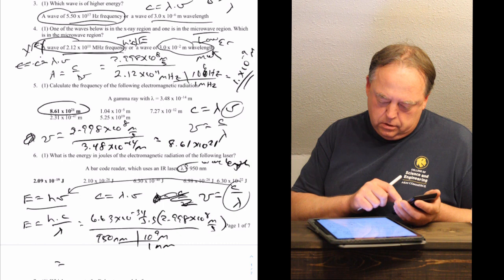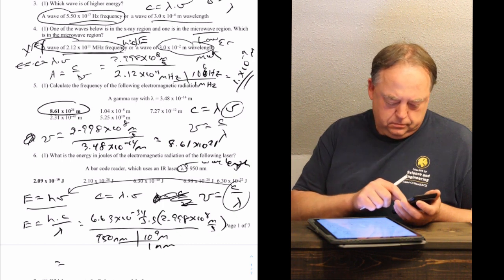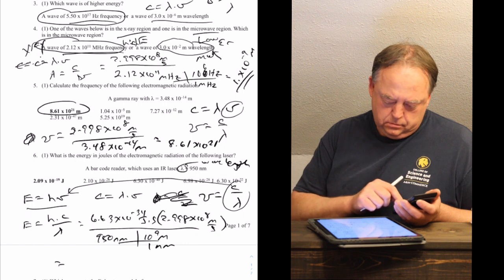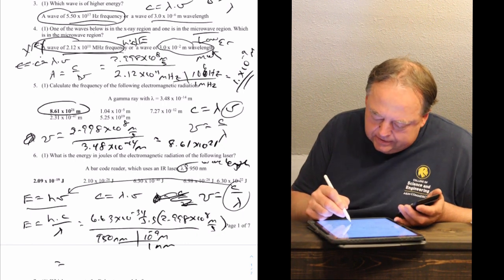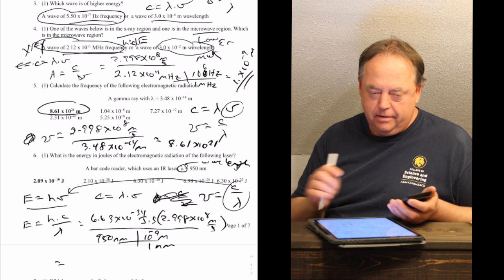What am I doing wrong? Oh, that's what I'm doing wrong: 10 to the minus 9 meters per 1 nanometer.